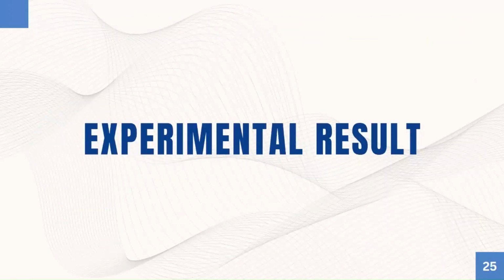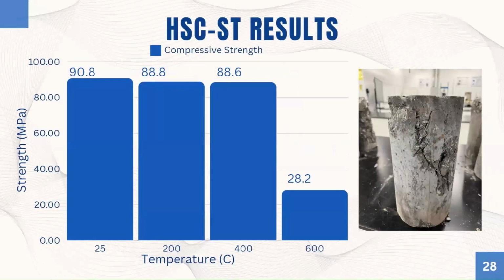Now moving on to the experimental results, starting with our high strength steel fiber blocks. We started with 90 megapascal compressive strength at room temperature, and an average of 88 to 89 megapascal compressive strength was maintained as we went to 200 and 400 degrees Celsius.